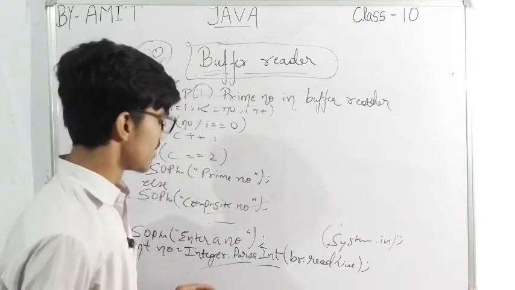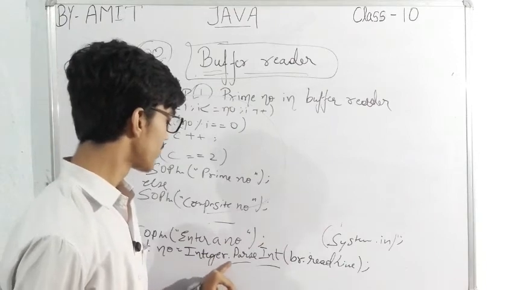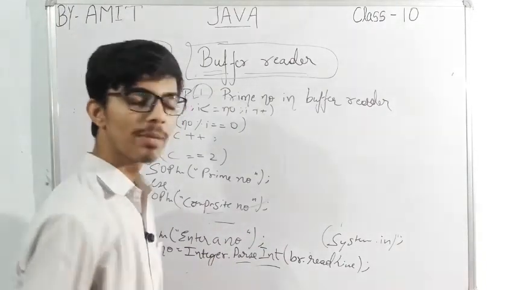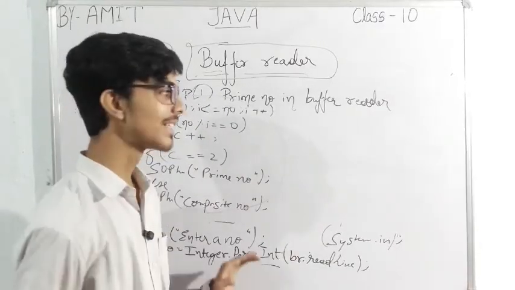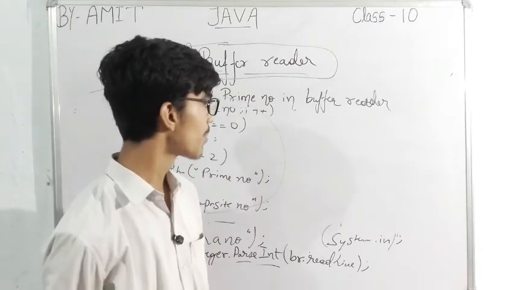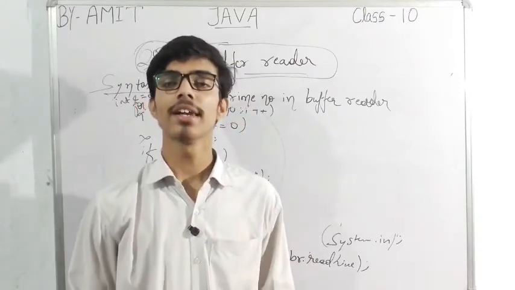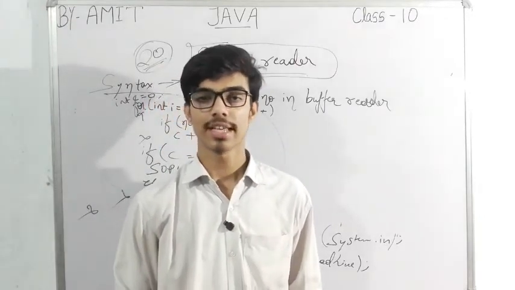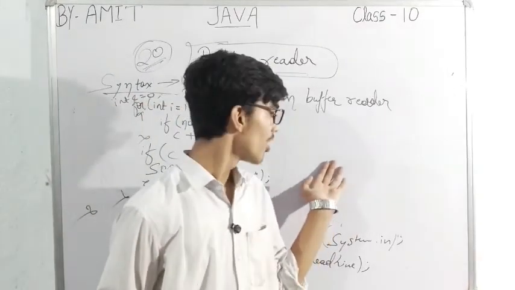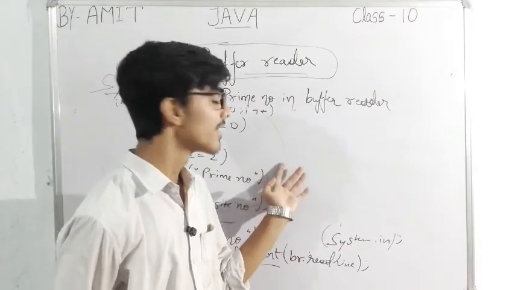We just have to learn the syntax of this buffer reader. Keep in mind we'll write programs in the scanner class only, as it is the new way to write a program.